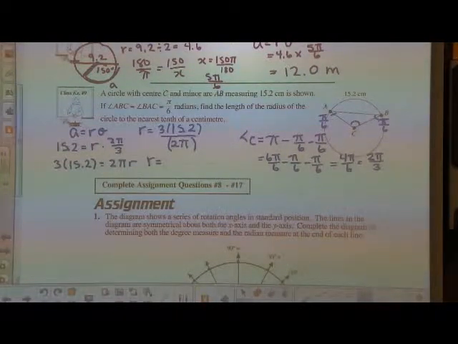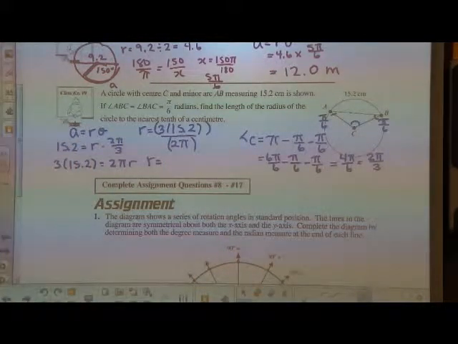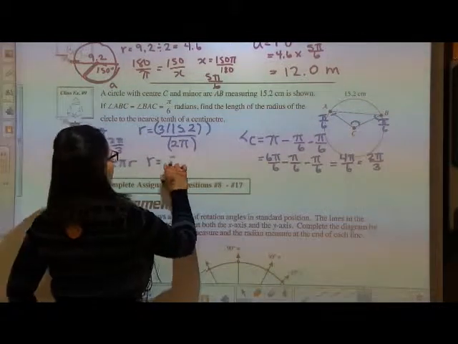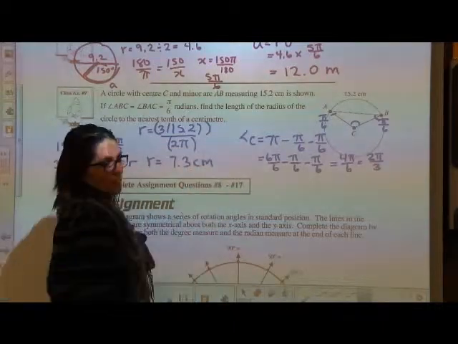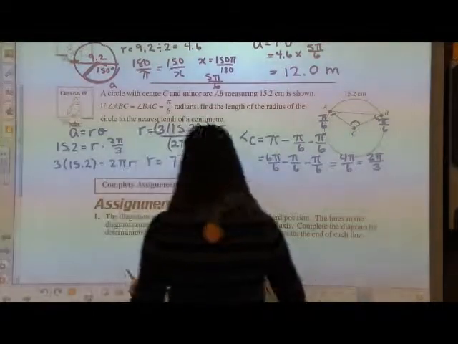And even your 3 times 15.2 needs to be in its own set of brackets. What do you get? What did you get, Rachel? 7.3. Okay.